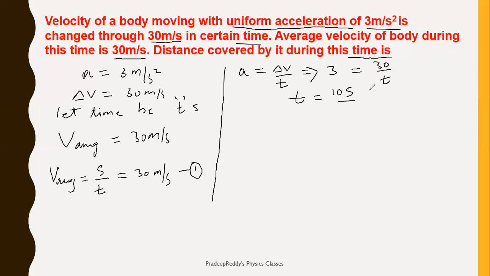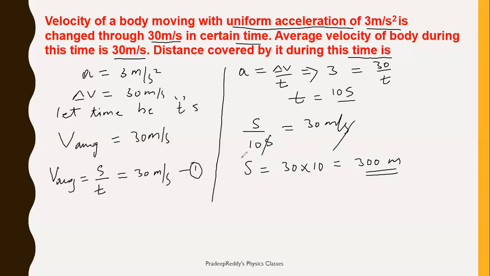Take this time taken and substitute in equation 1. Distance travel divided by 10 second is equal to 30 meter per second. Second and second get cancelled. Distance travel will be equal to 30 into 10, which is equal to 300 meter. So distance travel with this average velocity is equal to 300 meter.